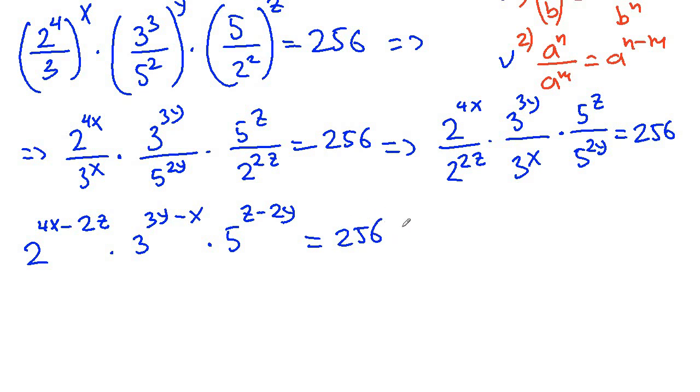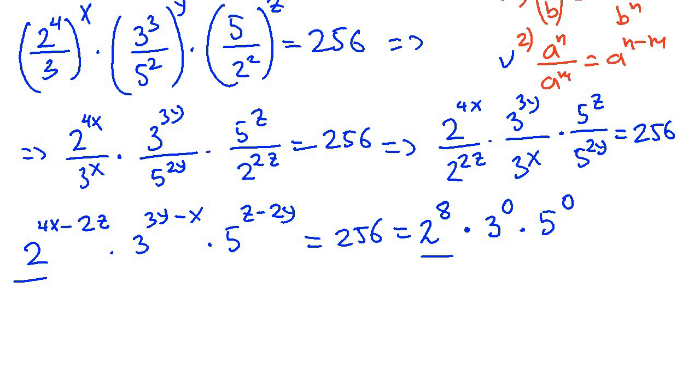And as you can see, 256 is 2 to the power of 8. Let me compare this number with the left hand side of this equation. We see that the bases are the same with these exponents, so I can write the other two numbers as 3 to the power of 0 and 5 to the power of 0.